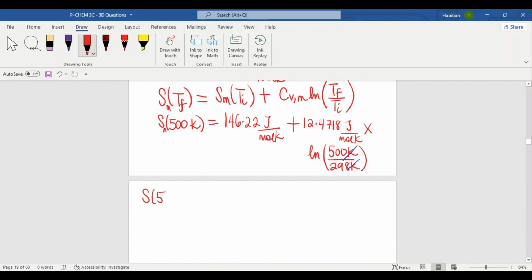So we have S 500. Honestly, you can write S m, you can write S. Just make sure you understand that what S m or S signifies is the molar entropy.